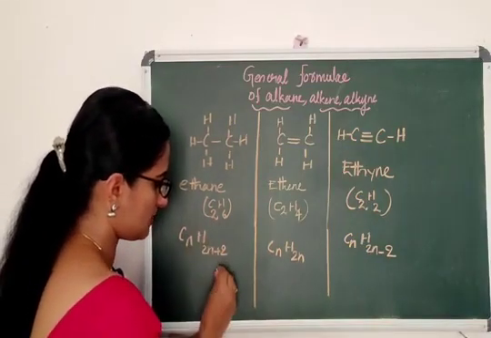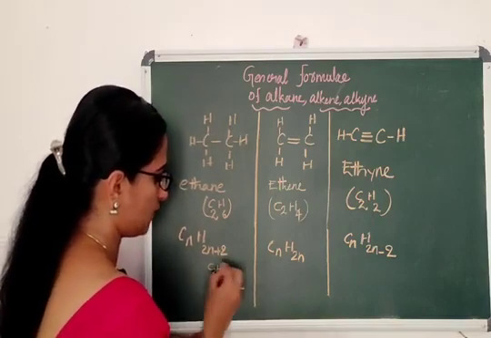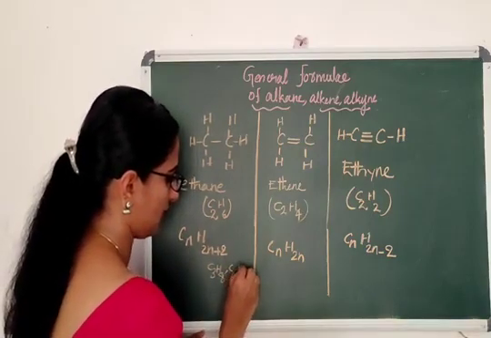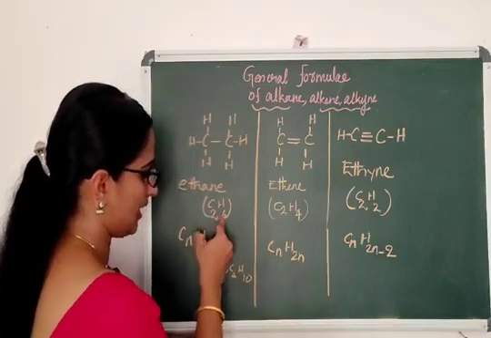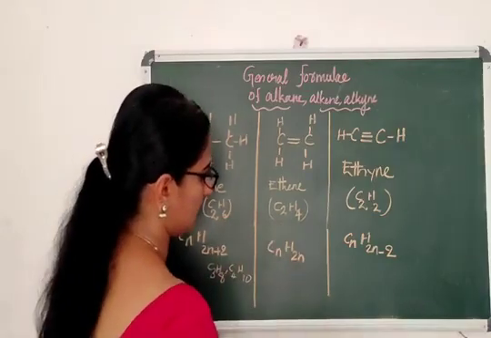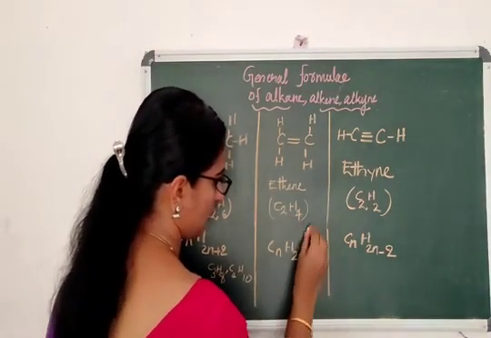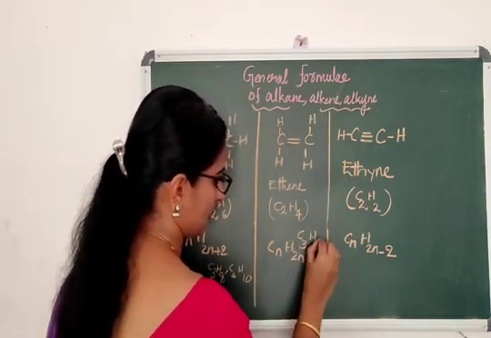The next member is C3H8 and the fourth member is C4H10. Just add two hydrogens and one carbon. And who is the next member of the alkene series? Use this formula. Yes. After C2H4, the next member is C3H6.